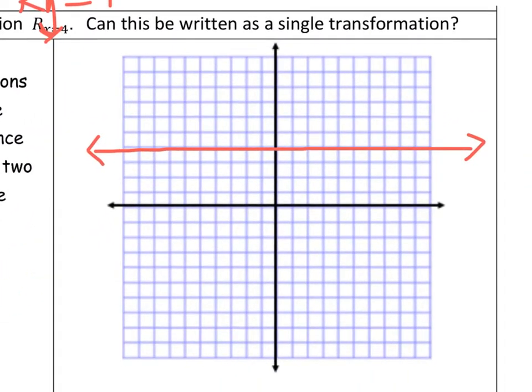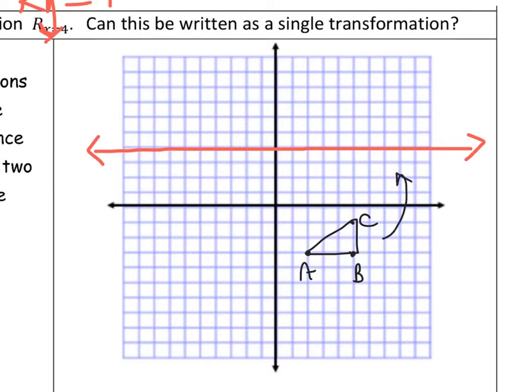I'm going to draw down here triangle ABC. Here is A, here is B, and here is C. So there is my pre-image triangle ABC. I'm going to reflect that pre-image ABC over the x-axis, right here.